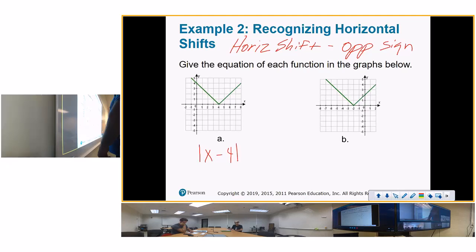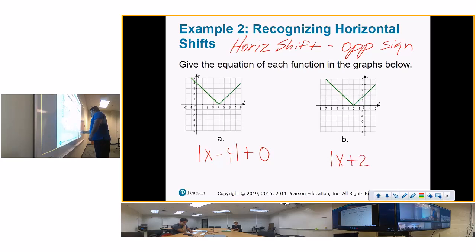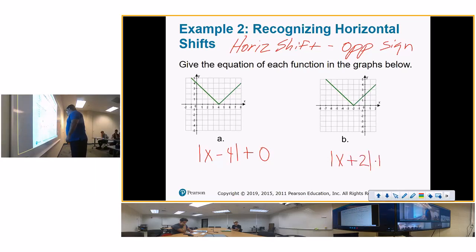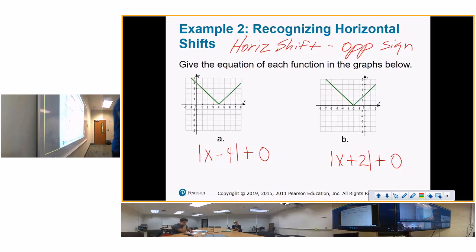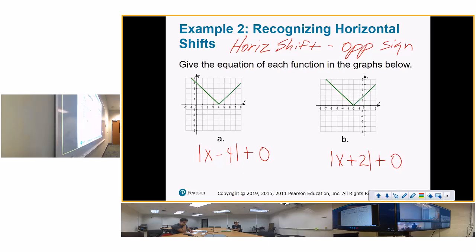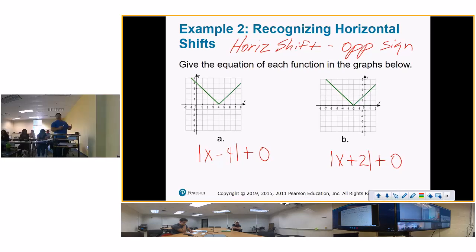And remember, what about the vertical shift? Well, there is no vertical shift, so that's going to be plus 0. Absolute value of x plus 2, and no vertical shift, so that would be 0. You don't have to write the 0. I'm writing the 0 so you can see where the vertical shift fits in with the horizontal shift.